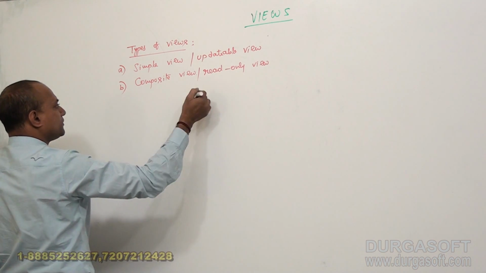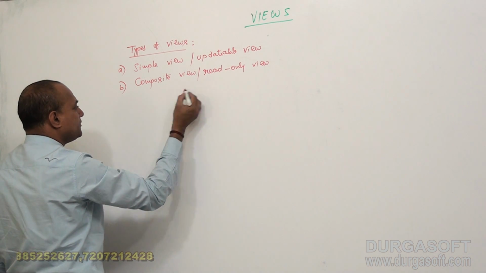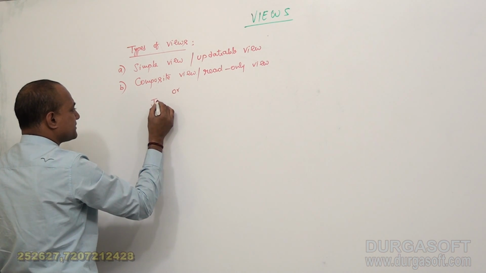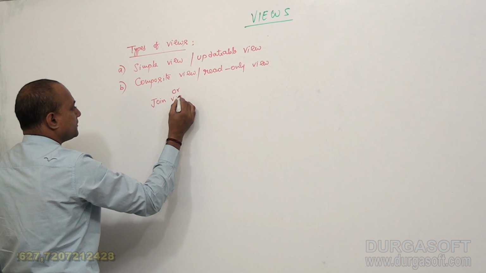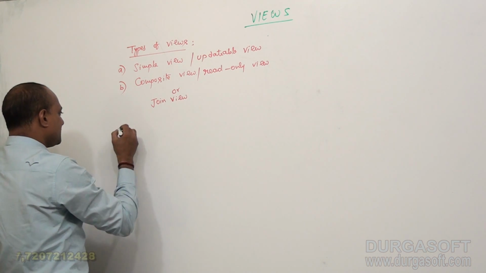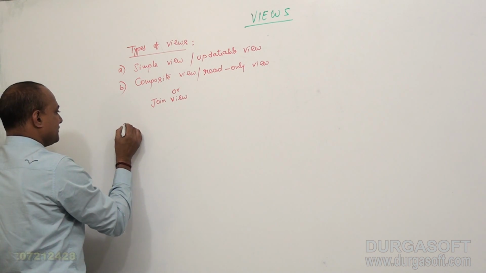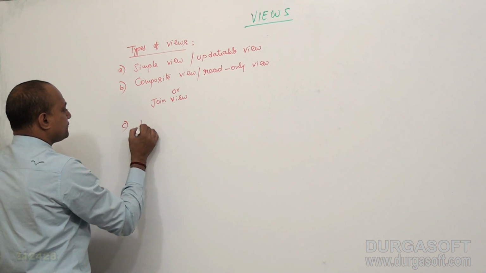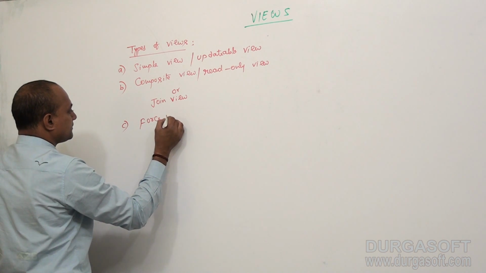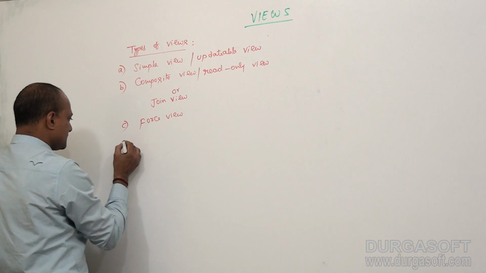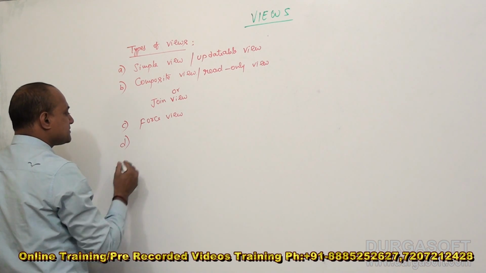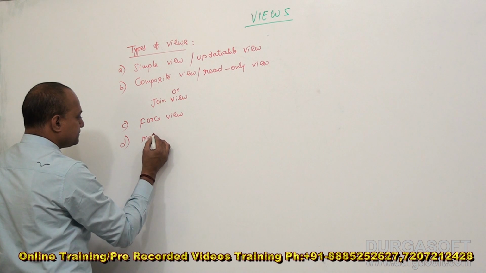Read-only view, and some people can say join view also. This is also known as join view. Why? Because you are creating this view based on multiple table data selection. Third, force view. Fourth type is materialized view.